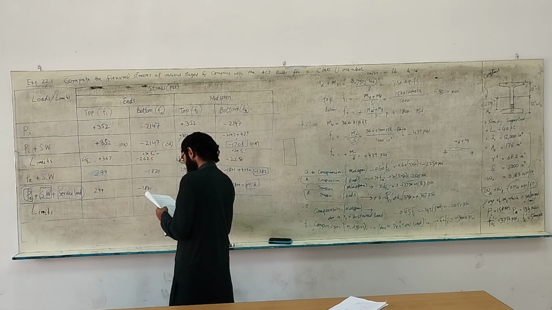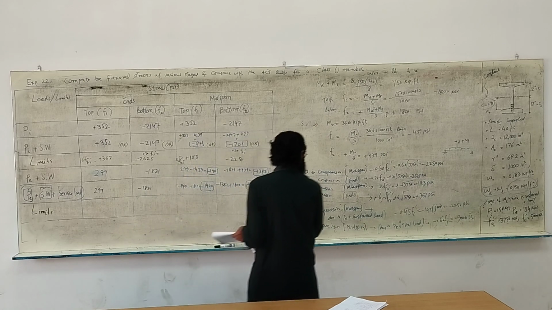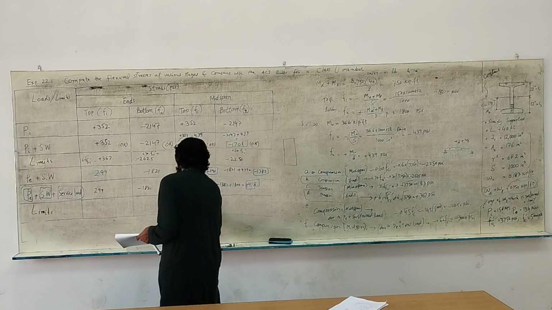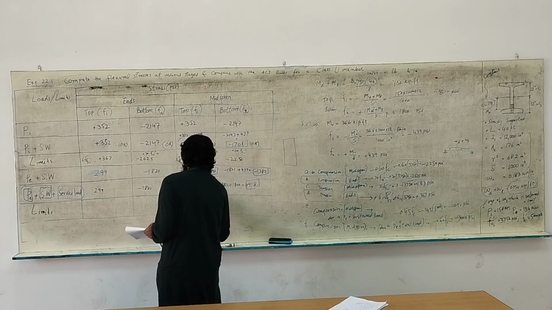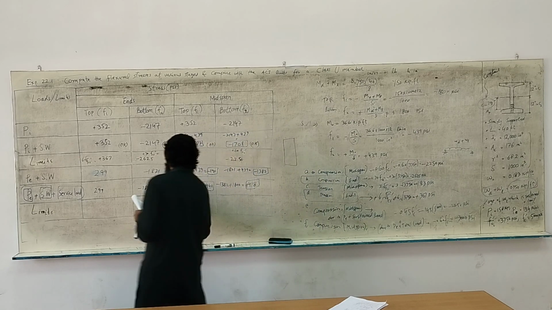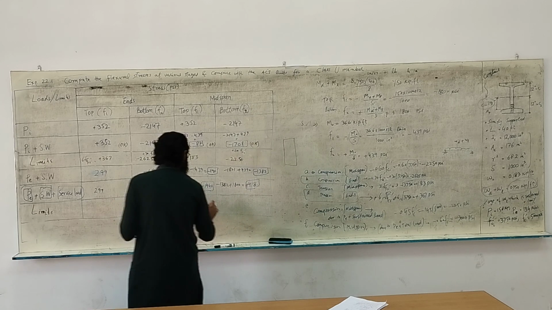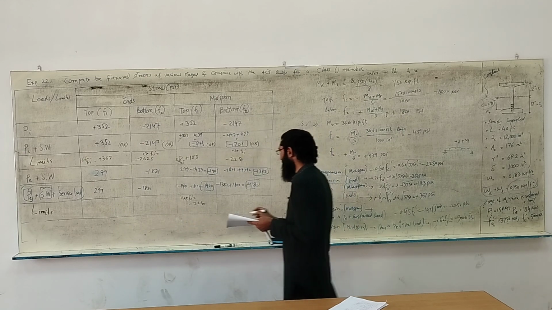Minus 2250. This is for the compression, okay, minus 2250. And if you want to write down for your knowledge, we're taking this from 0.45 fc prime, okay, and we haven't done the other part yet.